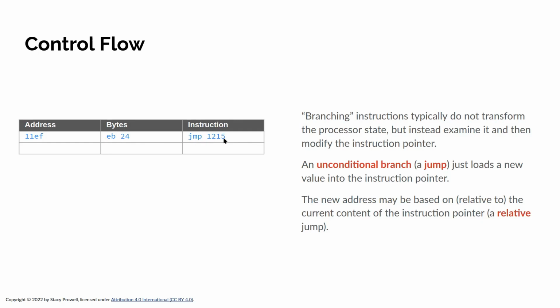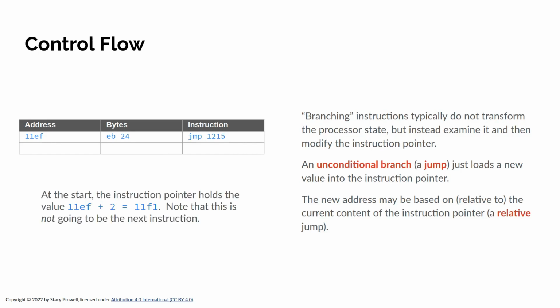So a jump to 1215 is going to load this value into RIP. So the next time we go to the fetch, we're going to load from 1215 instead of what we normally would have, right? 11EF, 11F0, 11F1. We're not going to load from 11F1. We're going to overwrite that value with 1215 and load from there. Okay, that's all an unconditional branch does. Loads a new value into RIP.